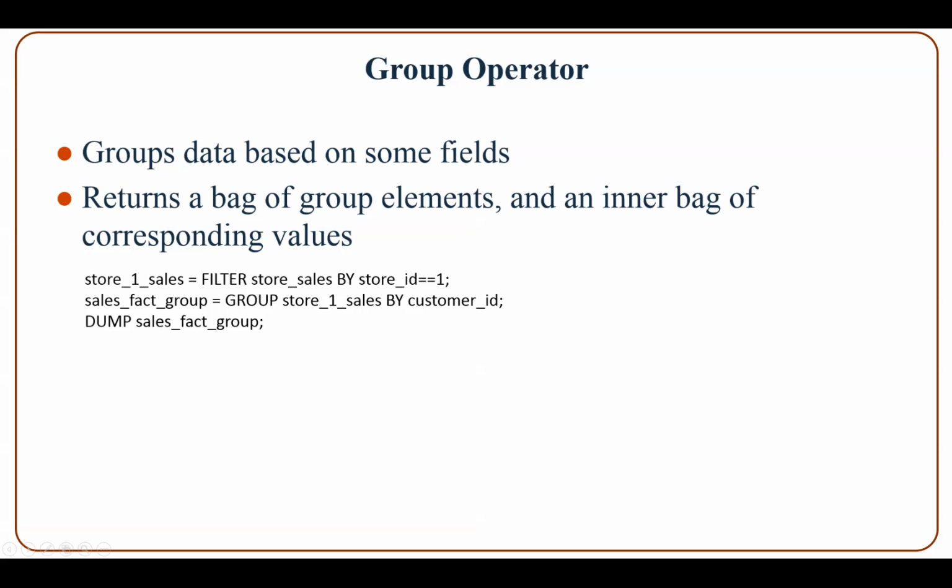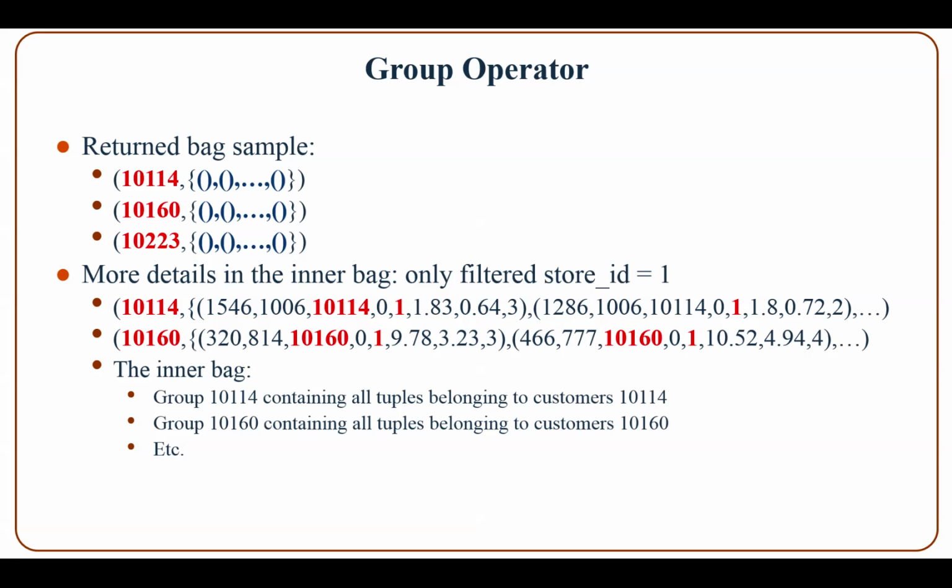The group operator groups data based on some fields and then returns a bag of group elements and an inner bag of corresponding values. In this example, the group operator groups by customer ID and then returns a bag of group elements in sales fact group. Dump sales fact group will dump the data in sales fact group onto the screen. In the returned bag, you will see something like this.